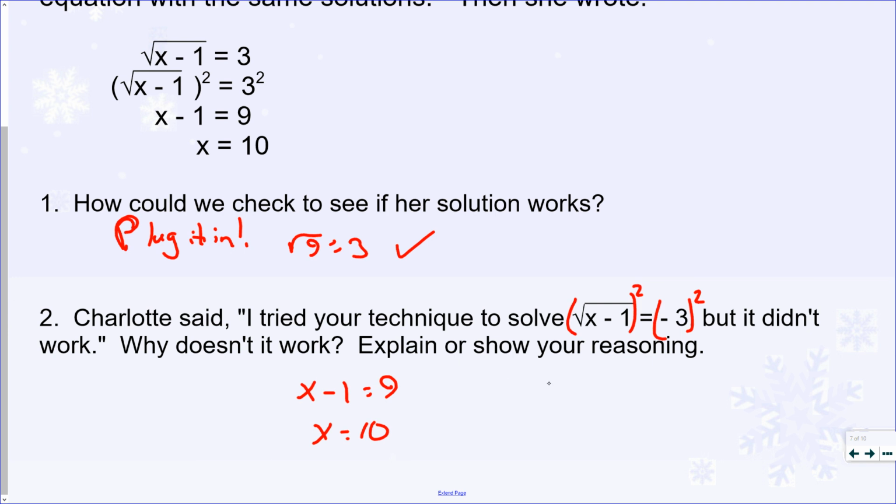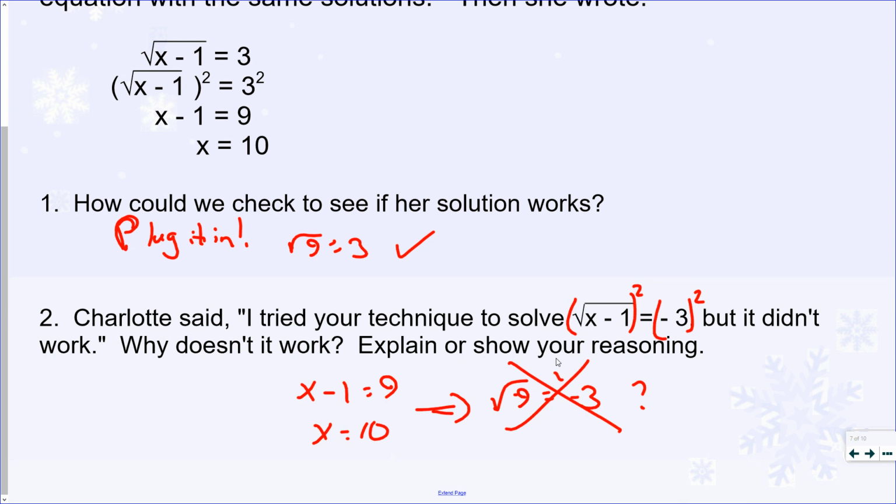And if you plug it in, you get the case of square root of 9 equals negative 3. We're trying to avoid that situation. We're trying to say the square root of 9 is intended to be a positive answer. Therefore, we're not going to accept that.